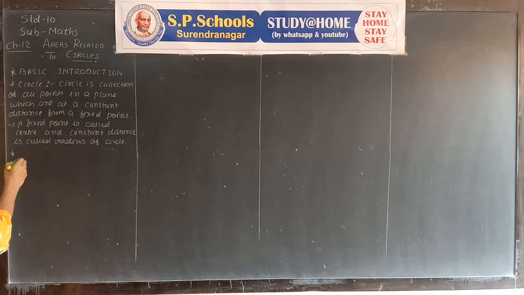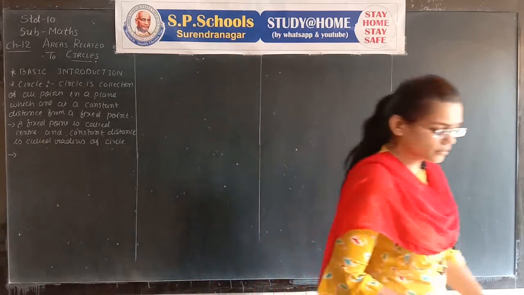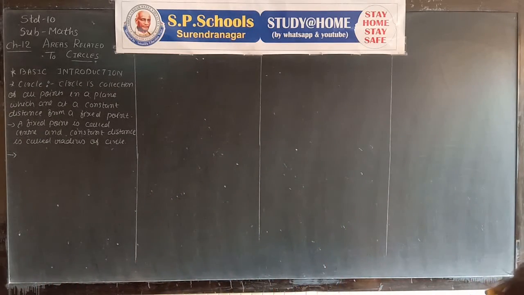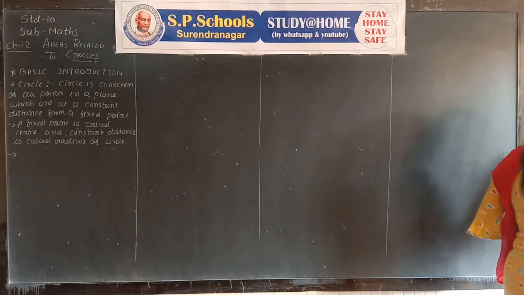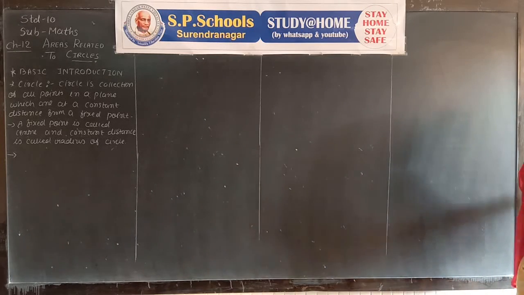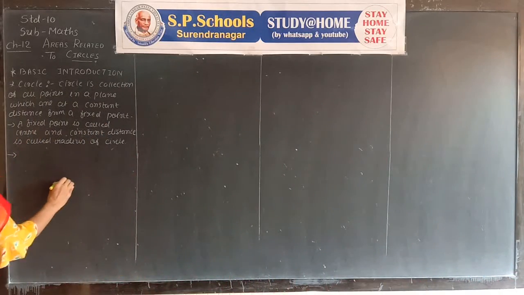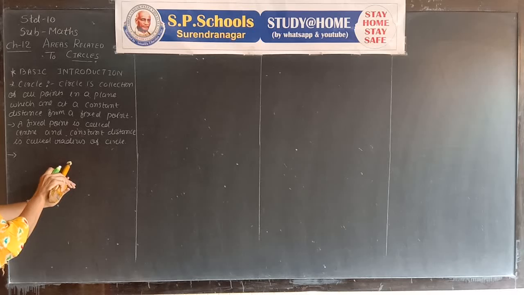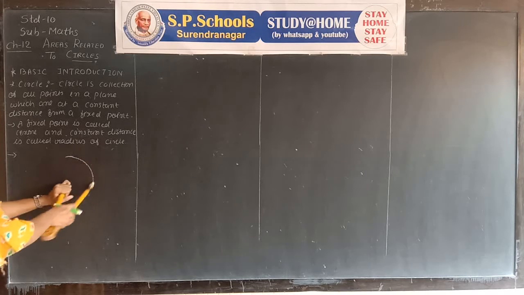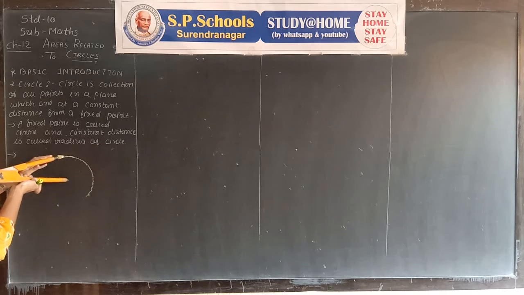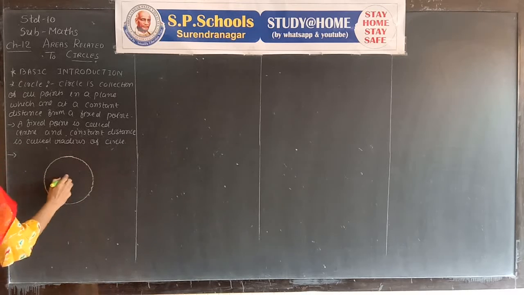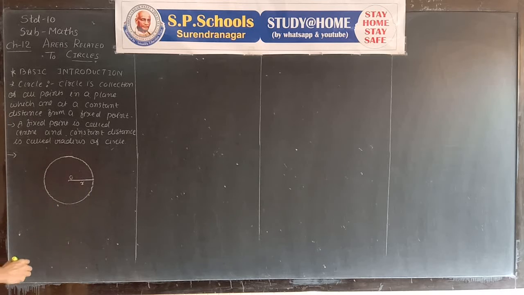Let's see the area of a circle. For that we require one circle. Use your compass to draw a circle. It is a circle with center O and radius r.